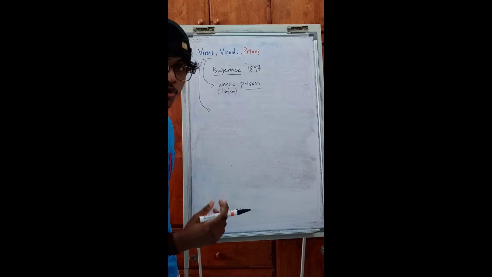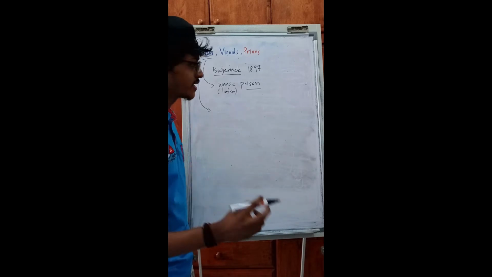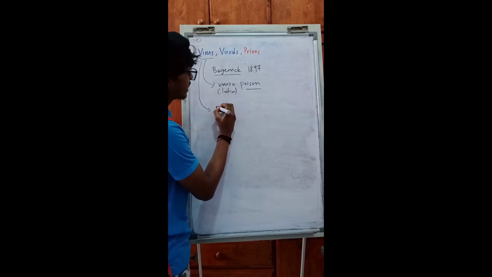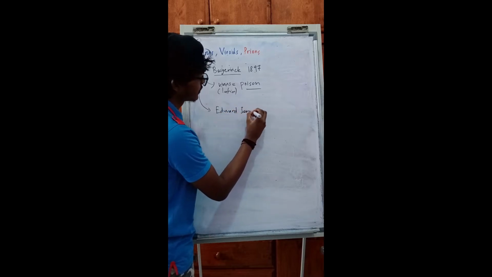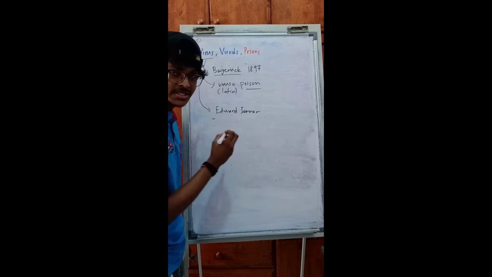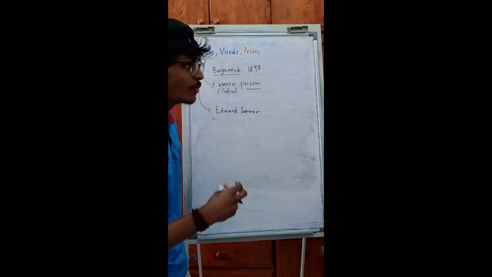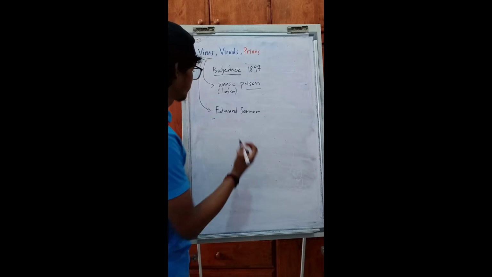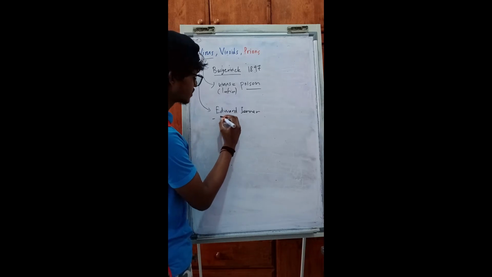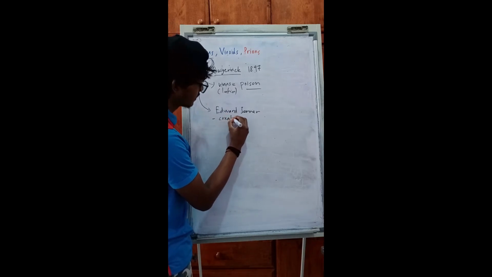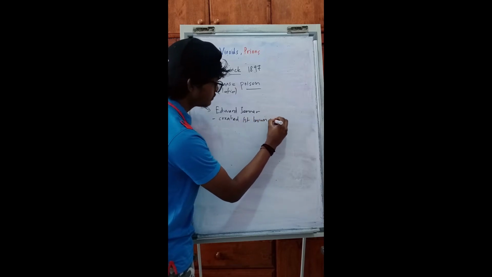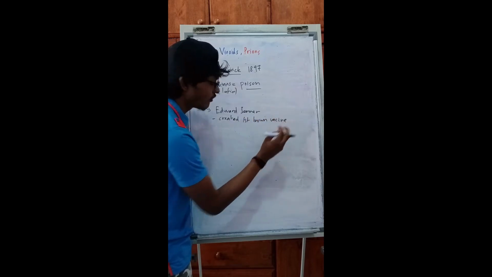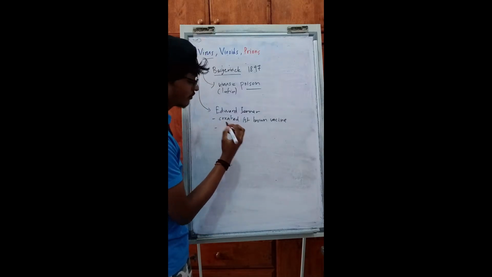So if you want to know who discovered the first vaccine, it is the scientist named Edward Jenner. This scientist discovered the vaccine without knowing that it was a vaccine. He created the first known vaccine for which disease?